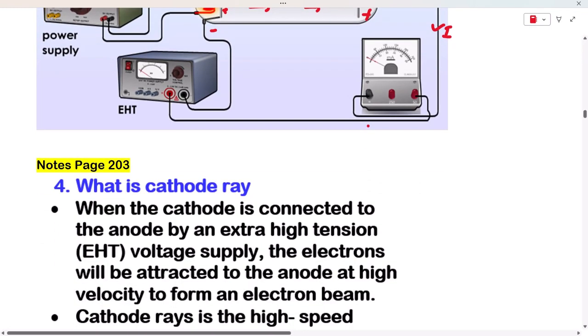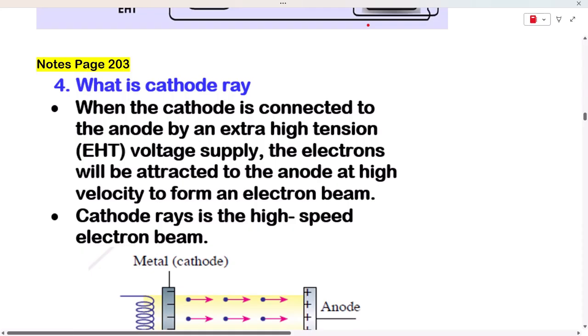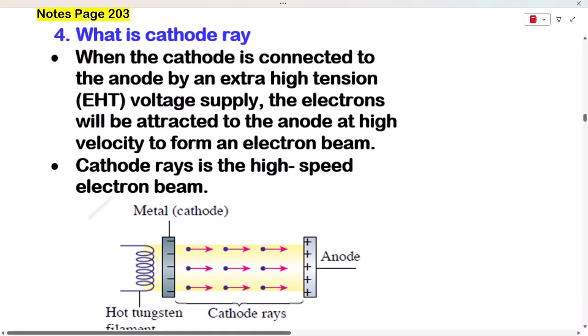So this is the setup to get a cathode ray. What is a cathode ray? When the cathode is connected to the anode by an extra high tension or EHT voltage supply, the electrons will be attracted to the anode at high velocity to form an electron beam. It means the electrons will be accelerated to form an electron beam.